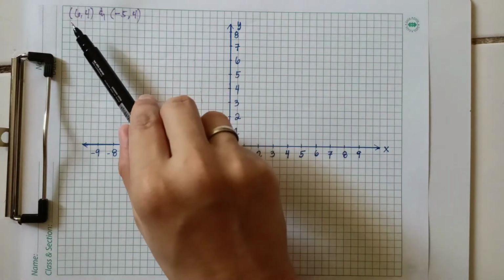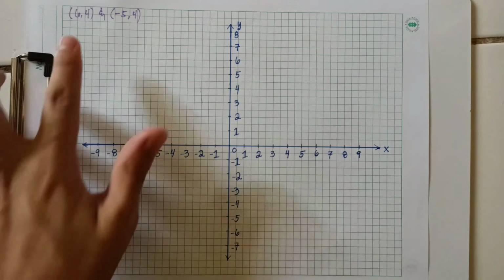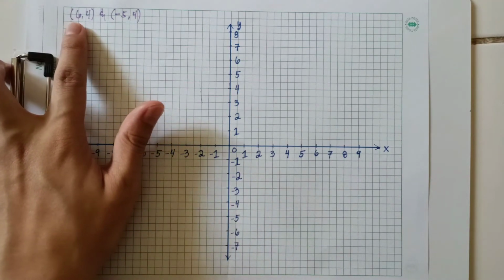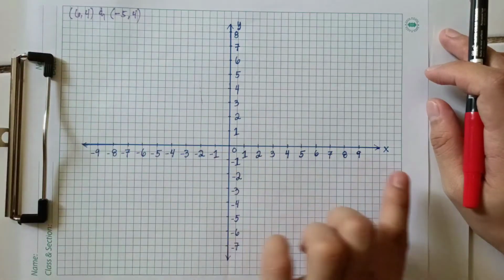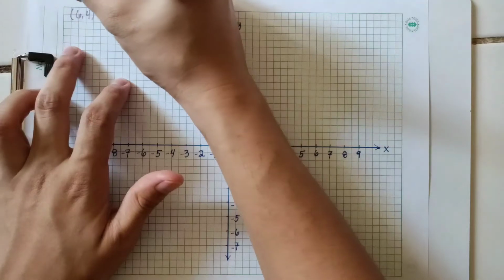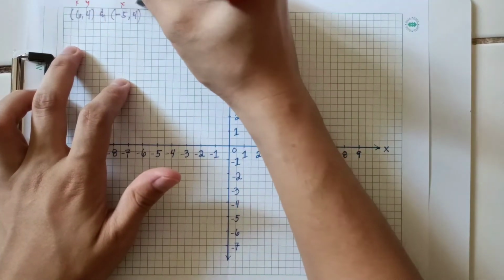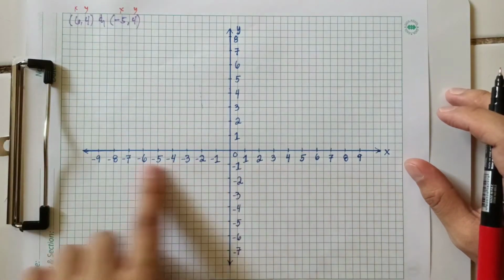We have 6, 4 and negative 5, 4. So, first point muna tayo, 6, 4. So, since 6 is the x coordinate, so sa x mo rin siya hanapin. Okay? Again, tandaan, ilagay ko xy, xy. So, x ang nauuna followed by y. Alright? So, x muna.